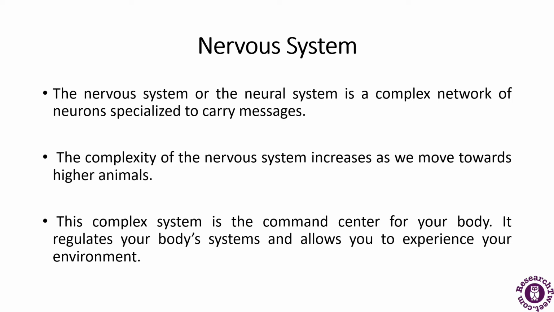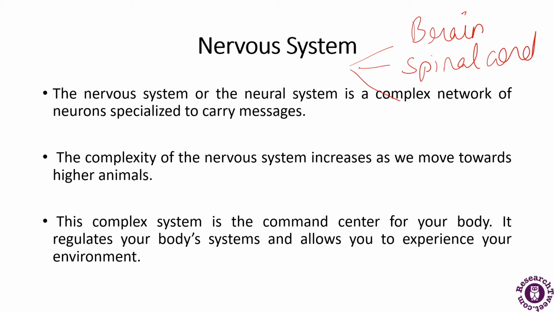First I will be discussing the nervous system, then the two parts of the nervous system, and then we will discuss in detail the central nervous system. The nervous system is a complex network of neurons specialized to carry messages. It consists of the brain, the spinal cord, and the nerves.